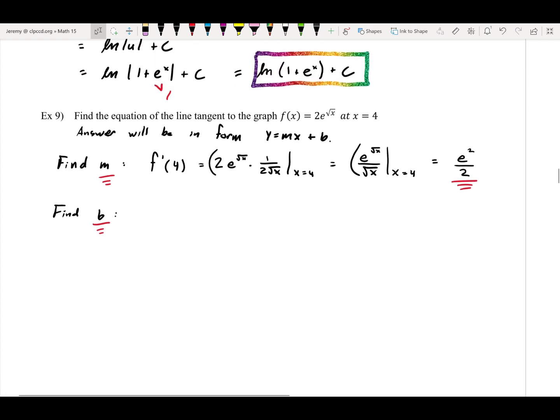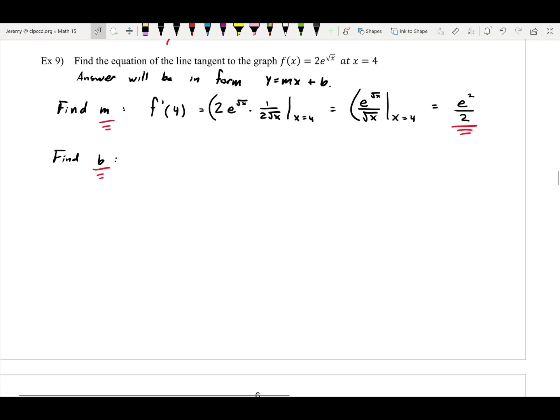Before I do that though, I'm going to want to find the ordered pair because I have that. Okay, I'm going to use y equals mx plus b with, okay, m we just found is equal to e squared over 2.